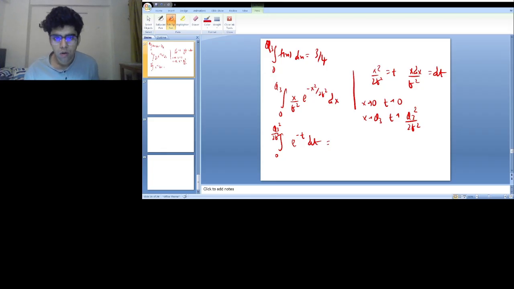So now when I put in the limits, I'll be left with 1 minus e to the power minus q3 square by 2b square, the same form.